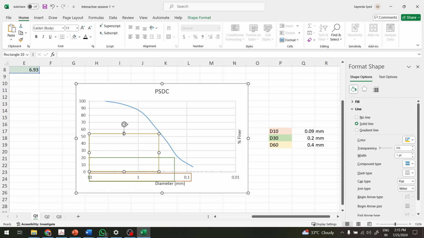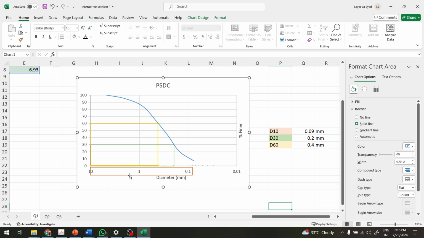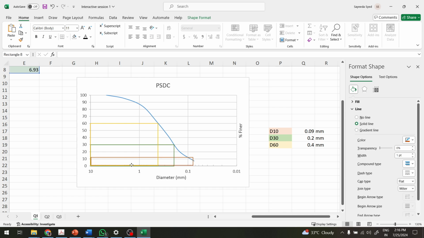This was at 60, and this was at 30, and this was at 10.